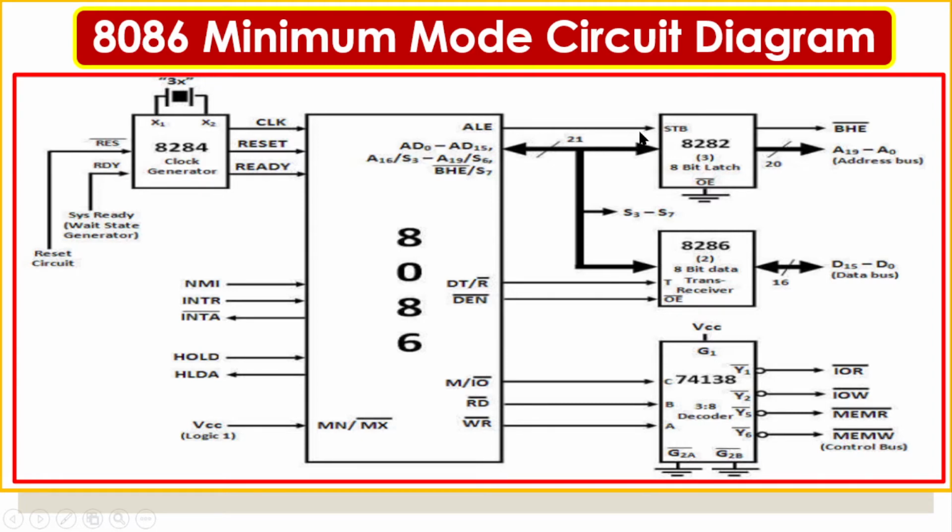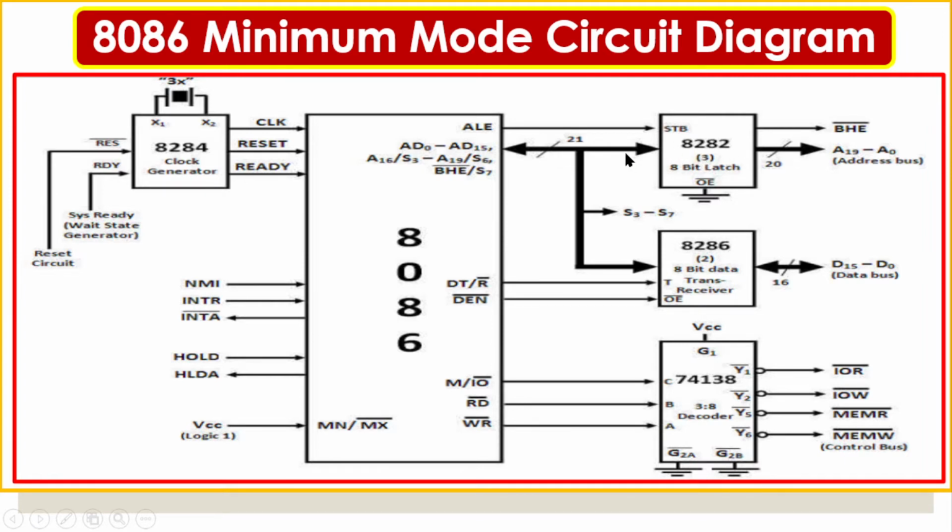Whenever the enable signal is high, it will allow the signal from input to output. If the enable signal is removed, it will maintain the previous output. Whenever enable is high, it will allow the input to the output. If enable is 0, it will maintain the last output until the next enable signal. That's the function of a latch.